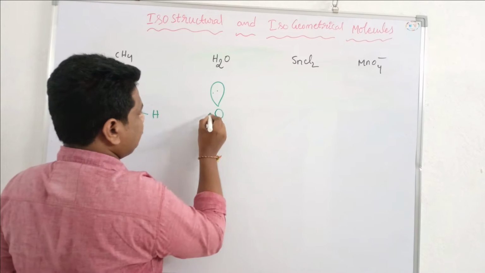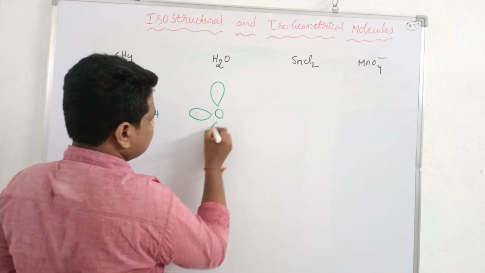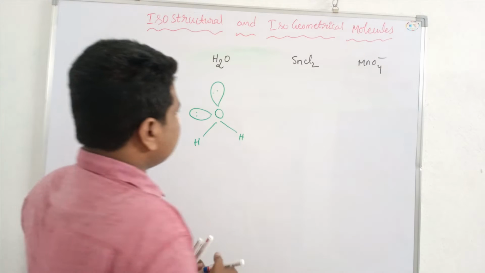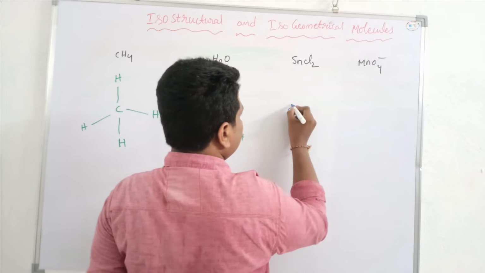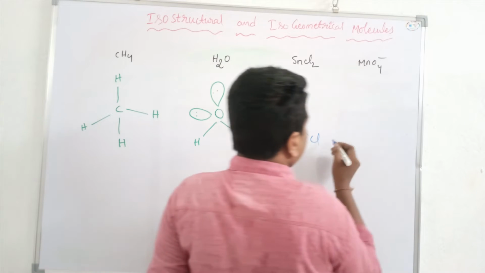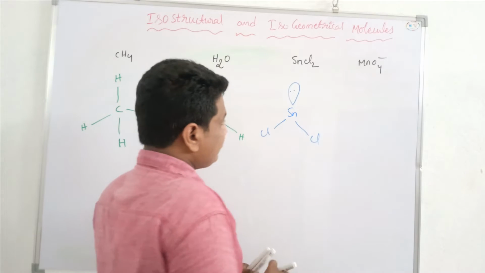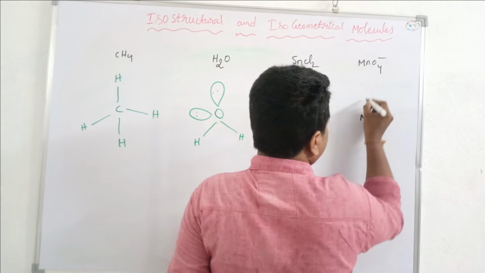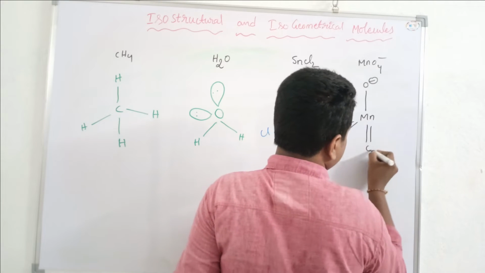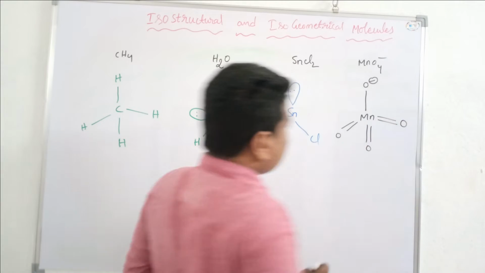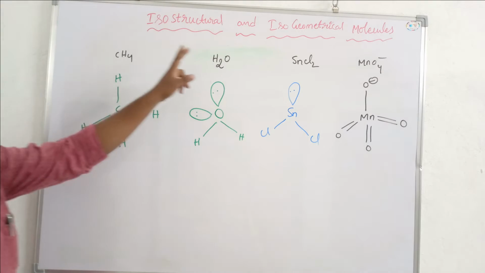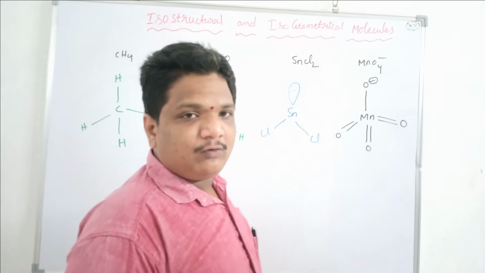In H2O we have two lone pairs, with hydrogen on either side. In SnCl2 we have one lone pair, and in MnO4 minus we have O minus. These are some examples: methane, H2O, SnCl2, and MnO4 minus.